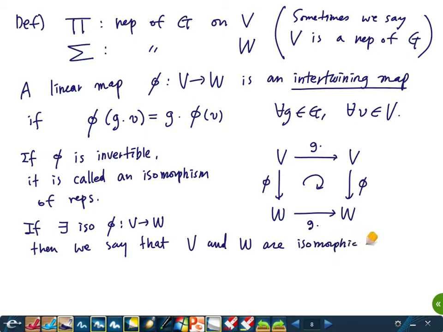And of course, we write V isomorphic to W like that. So if these two representations are isomorphic, then the action here can be translated to the action on the other side. So that's what really matters from our point of view. If two representations are isomorphic, we will really think of them as just the same representation.